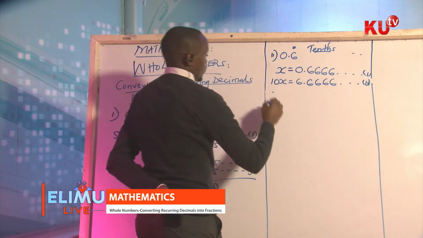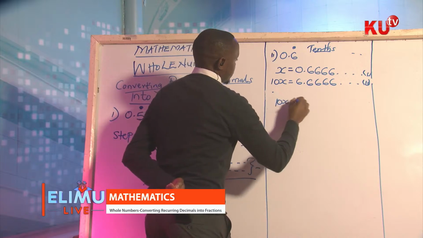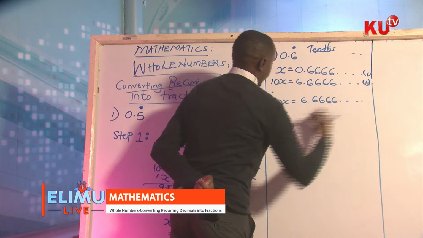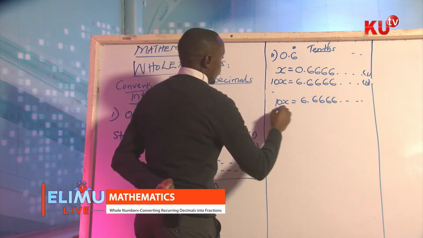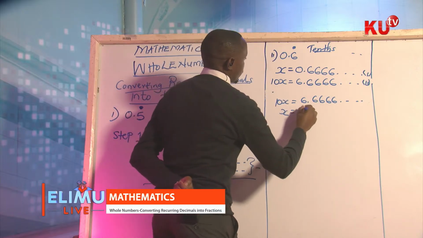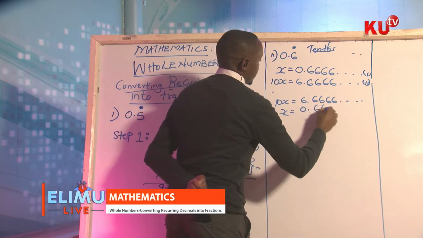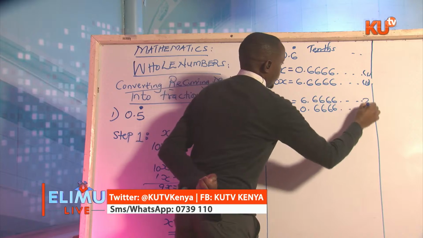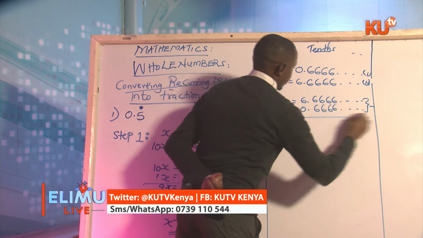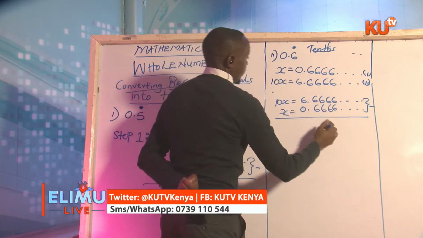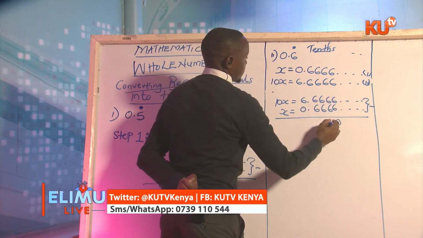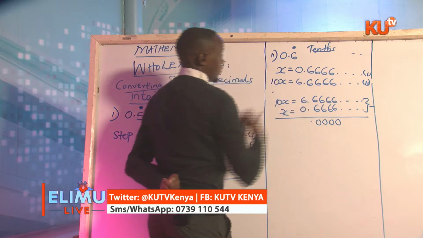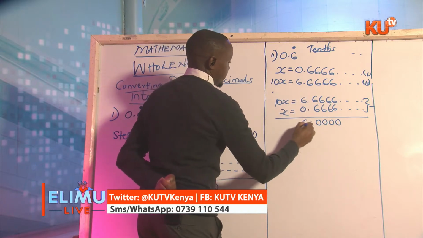So I'll take equation 2, which is 10x equals 6.6666 recurring, and subtract equation 1, which is x equals 0.6666 recurring. So what I'm doing here is subtracting. 6 minus 6 is 0, 6 minus 6 is 0, 6 minus 6 is 0, 6 minus 6 is 0. 6 minus 0 is 6.